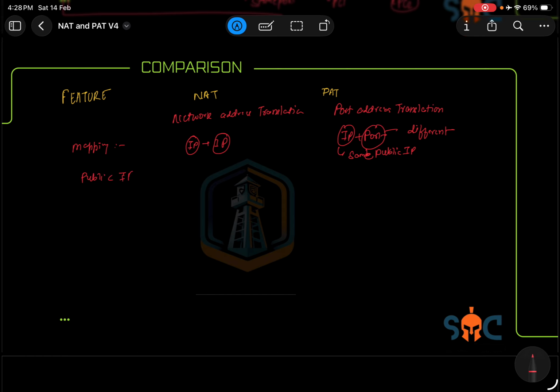Public IP usage is multiple in NAT, and in PAT it is usually one, which is being assigned to multiple devices.